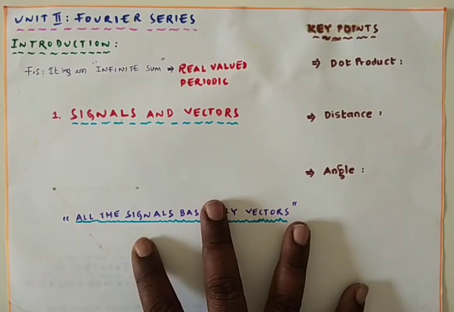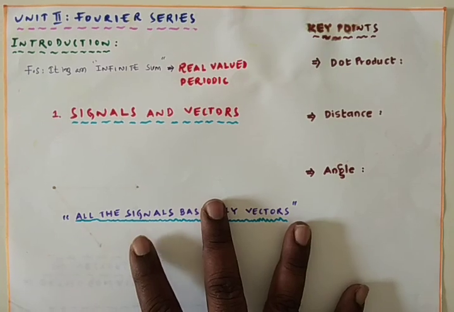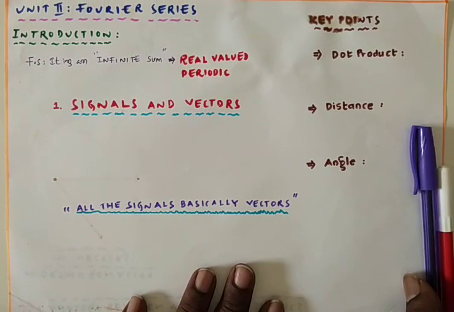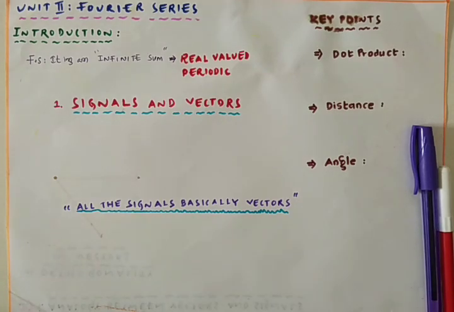Exactly, the Fourier series is nothing but an infinite sum of trigonometric functions which are used to model real valued functions or signals or periodic signals. That means a Fourier series can be used to write a function as a trigonometric polynomial, and it can also be used to solve differential equations.